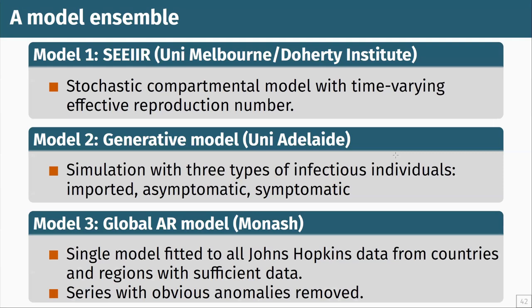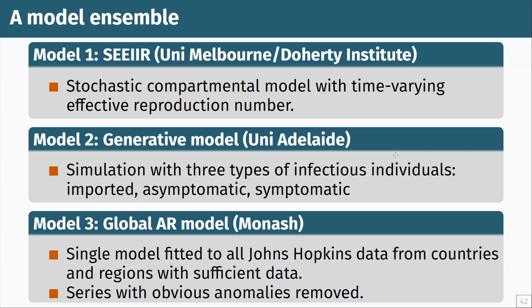That was the one that the Doherty Institute with people at Melbourne Uni were responsible for. There's another one called a generative model, which some people from University of Adelaide were largely responsible for. And there was another one, which was a global autoregressive model, which those of us at Monash were largely responsible for. And they were built using very different types of mathematics.